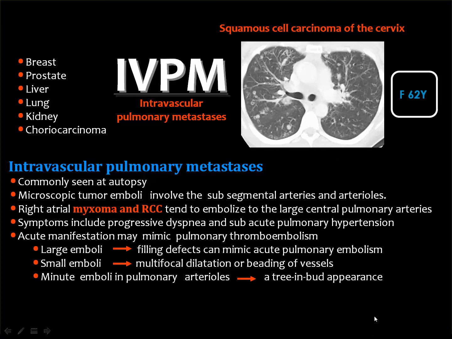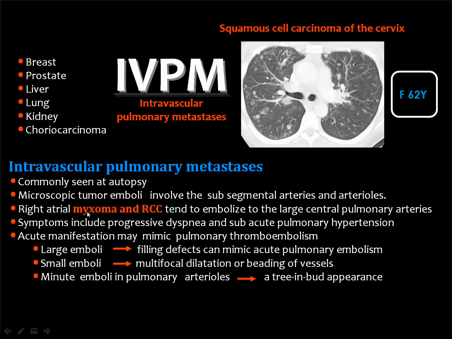And you remember that we have three types of pulmonary metastasis: the miliary metastasis, the regular metastasis, and the cannonball metastatic deposits. The main primary malignancies for pulmonary metastasis are the breast and prostate, liver and lung, kidney, and choriocarcinoma.